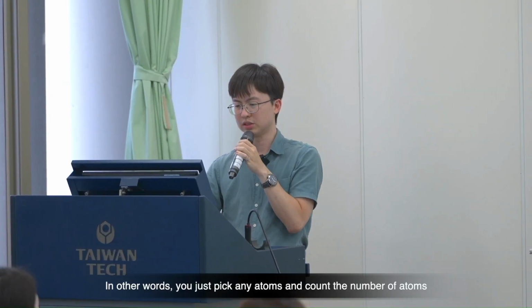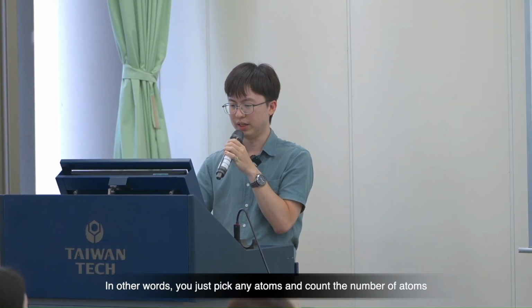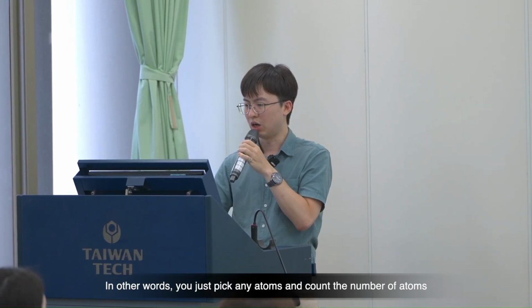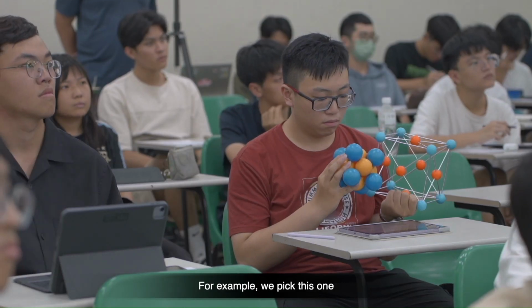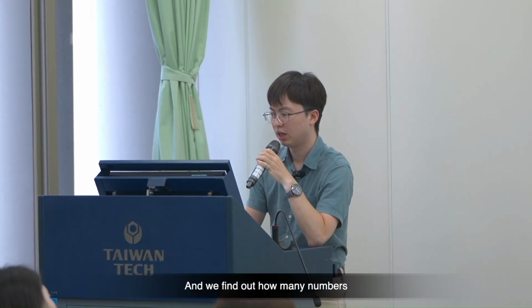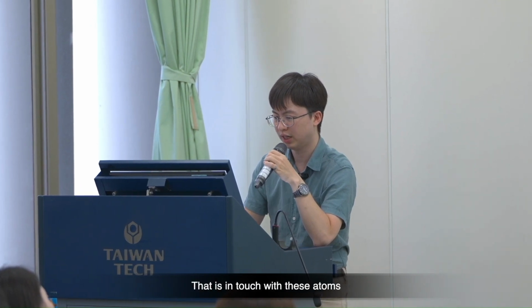Okay. In other words, you just pick any atoms and count the number of atoms. For example, we pick these ones and we find out how many are in touch with these atoms.